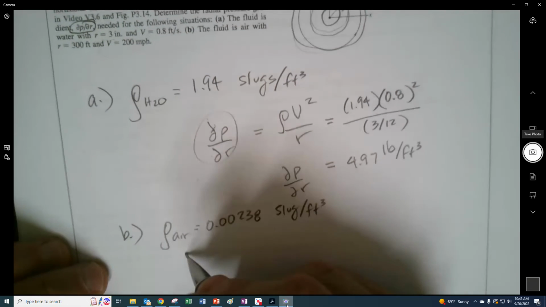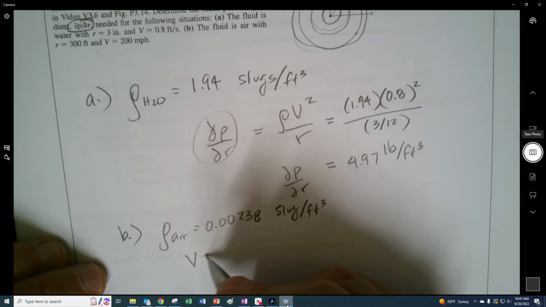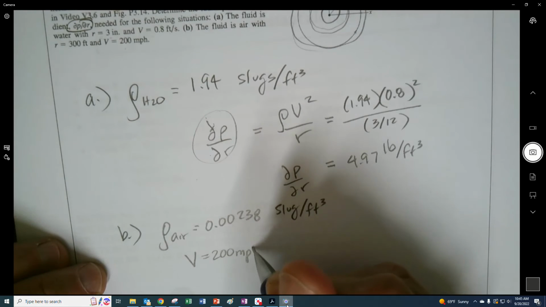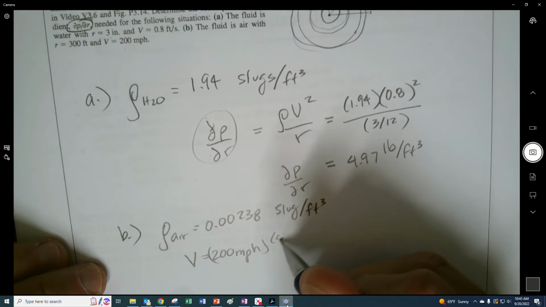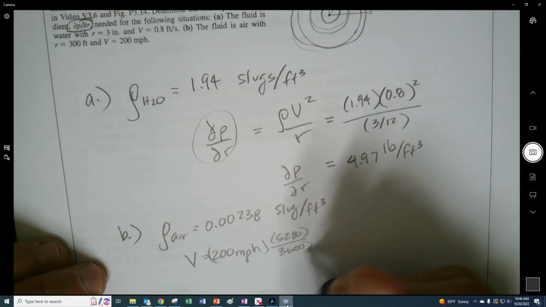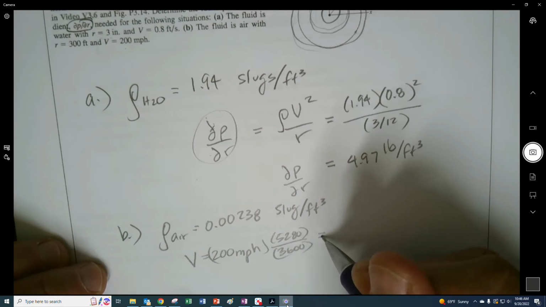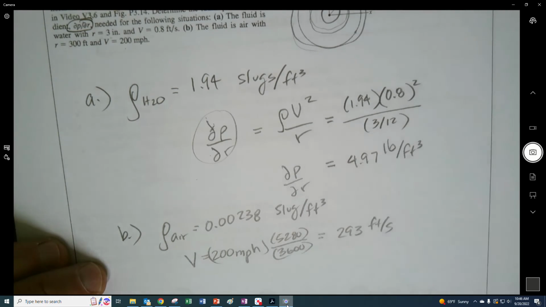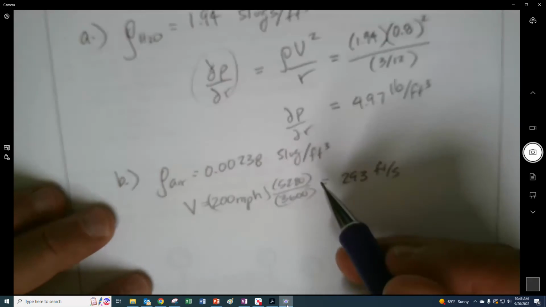And we also need to take our velocity, which was 200 miles per hour, and we multiply by 5,280 and divide by 3,600, and we're left with 293. Might need another sig fig in there if we wanted to be a little better than that.